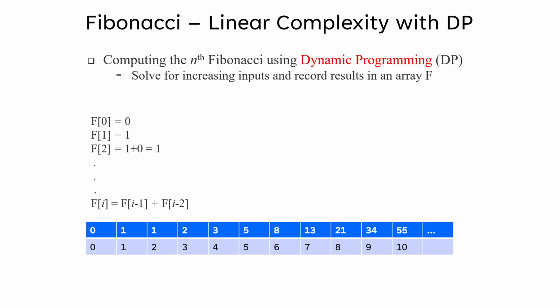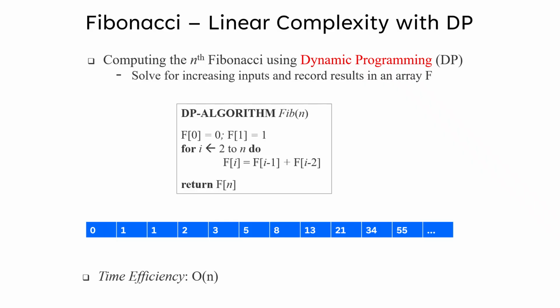So now we have the values that we need to start solving moving forward. For each element in our array, we would solve for that value as f of i equals f of i minus 1 plus f of i minus 2. We will have those values because we have our base cases stored in the first two values in the array, and then we can just solve moving forward.